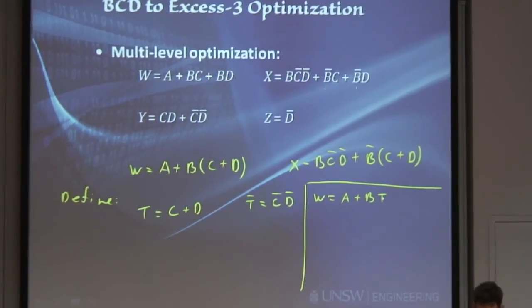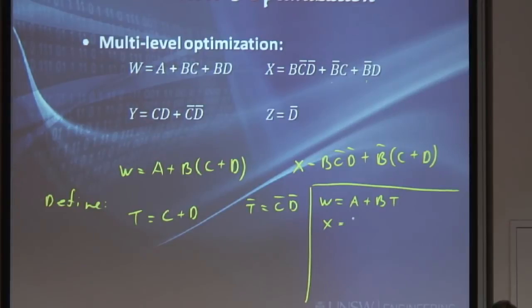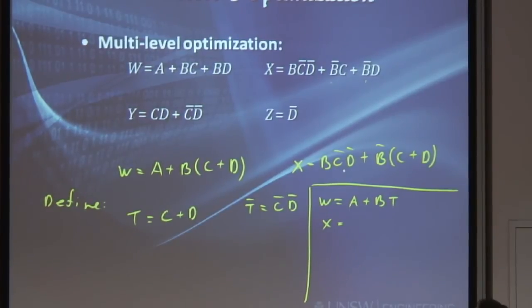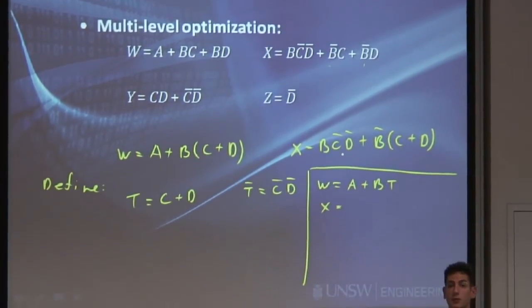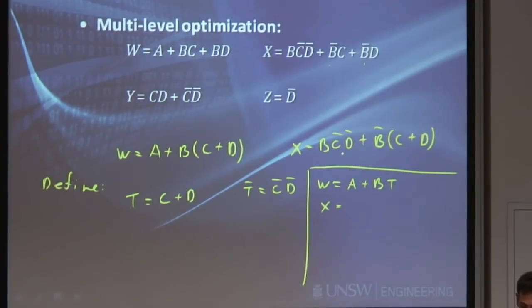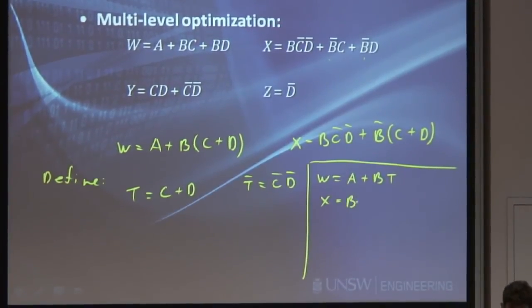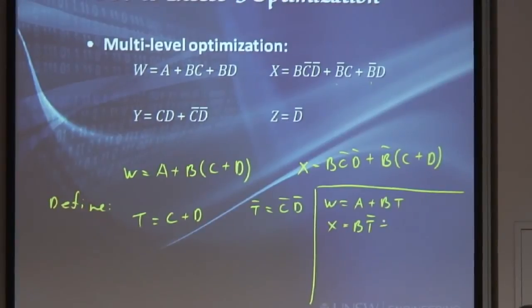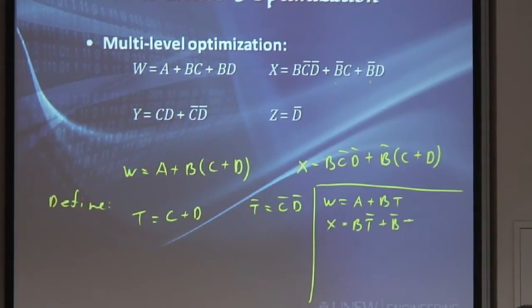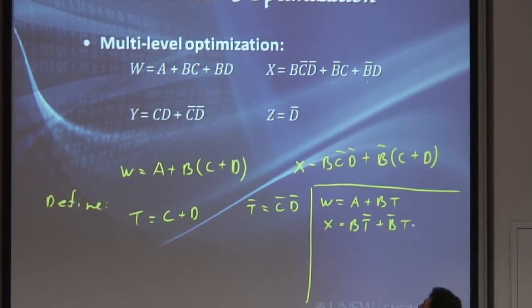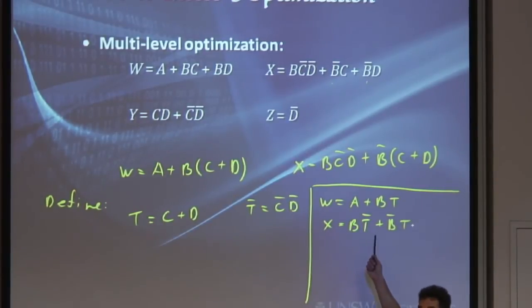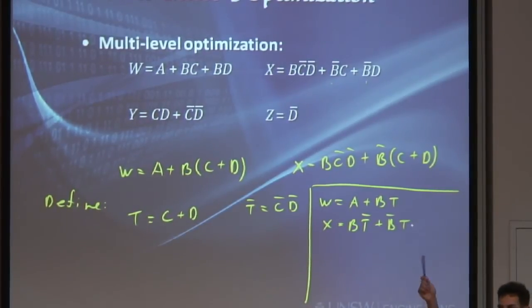X will become, well, I've got the node C, node D up there as well. And I said I can use the node T. So it'll become B, not T, or not B, T. What gate is that, by the way? XOR.